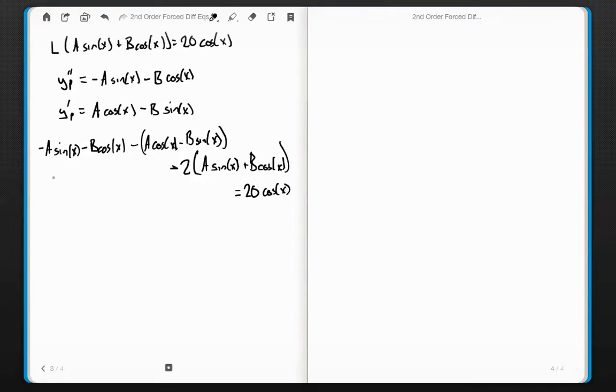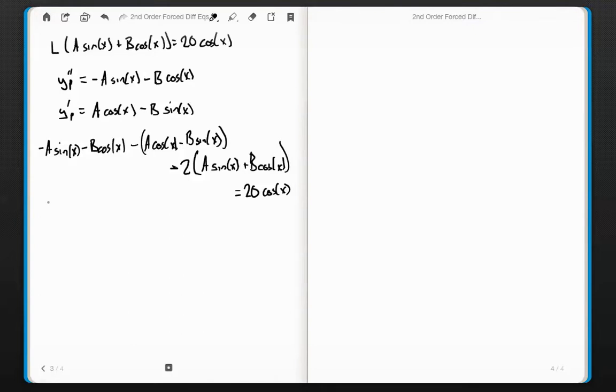All right, we can do a little bit of algebra here. And let's combine, well, this negative sign distributes here, so we have to keep that in mind. Let's do the a sines. So this is negative a sine, minus 2 more a sines, and that's it.